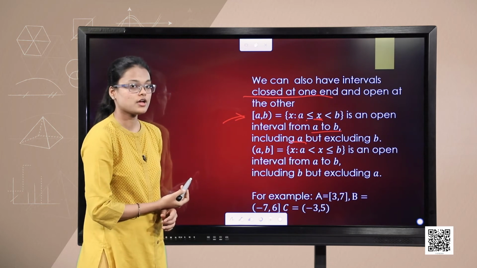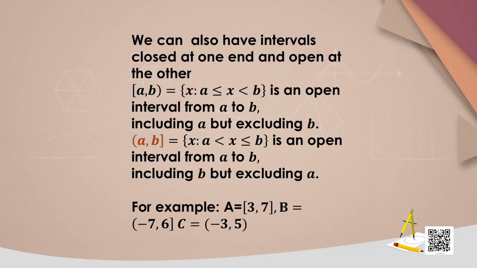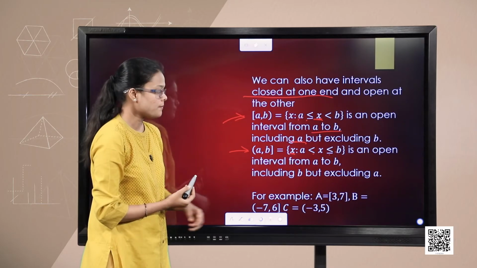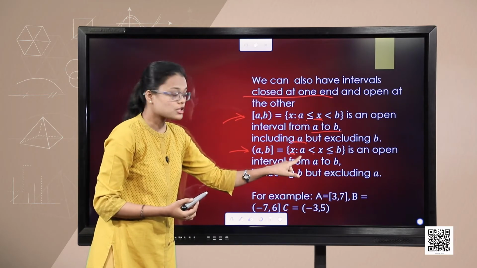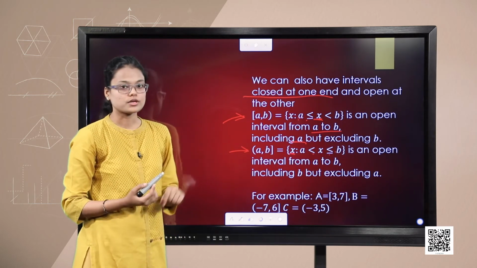Similarly, we can have a semi-open and semi-closed interval where it is open from the left but closed from the right. It is the collection of all those real numbers which are greater than a but less than or equal to b. Here, a is not included but b is included.